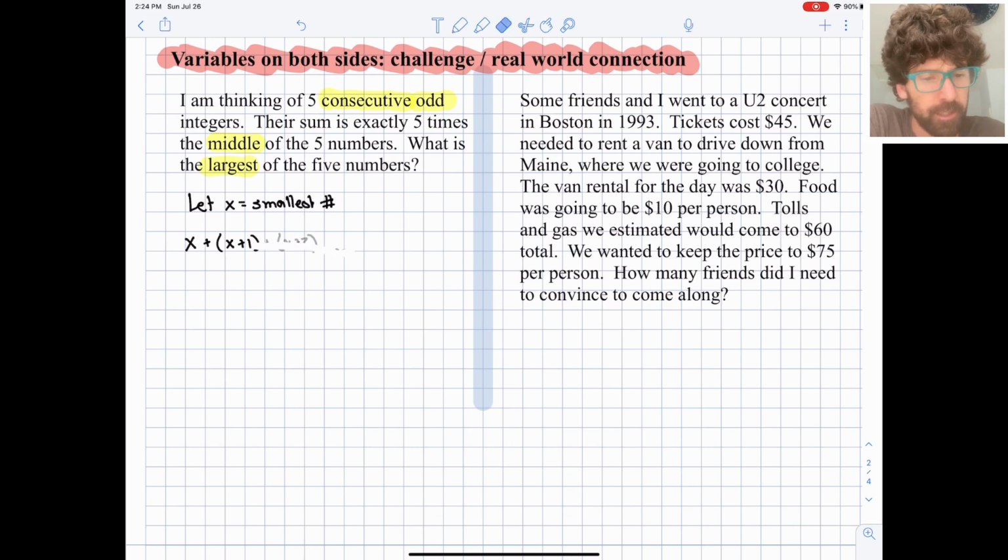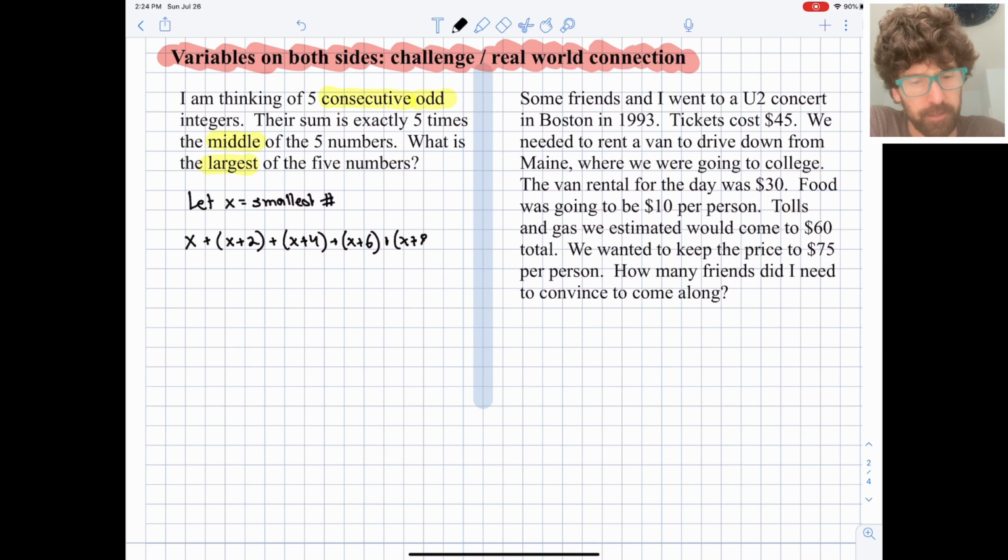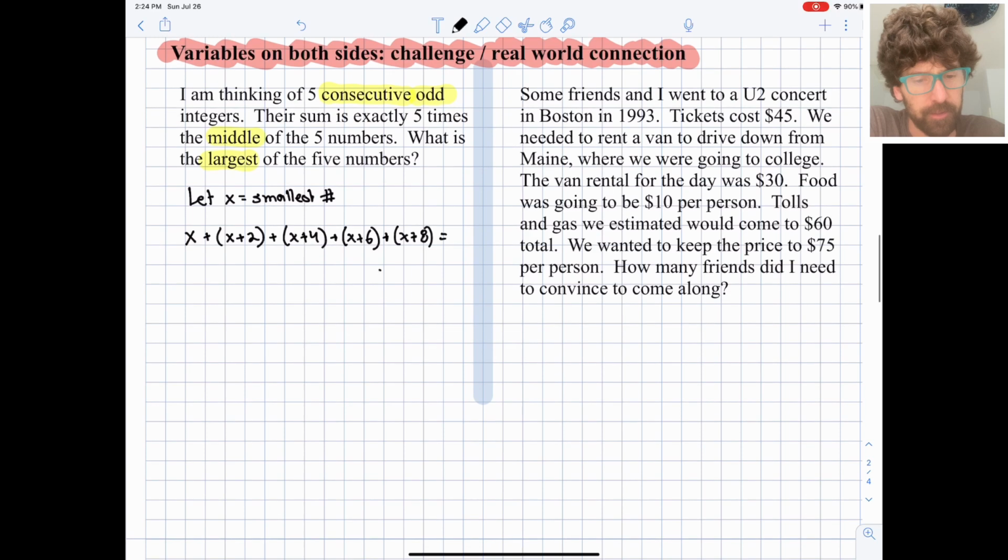We actually have x plus 2, because we want these numbers to be odd, and x plus 4, and x plus 6, and x plus 8 equals, and they're going to equal 5 times the middle number. So the middle number here is 5 times x plus 4.